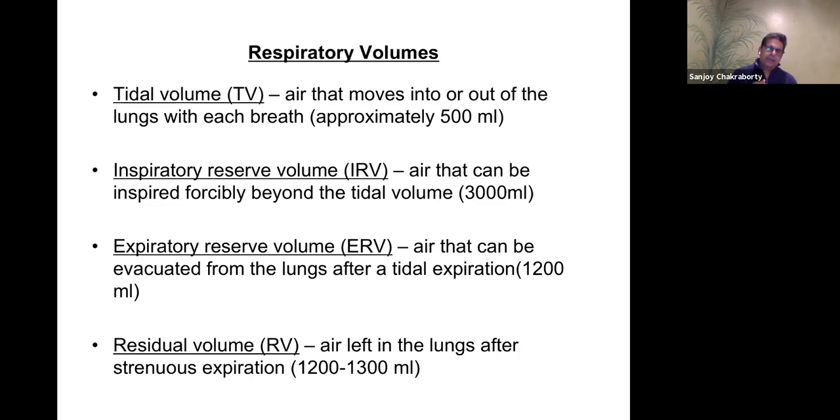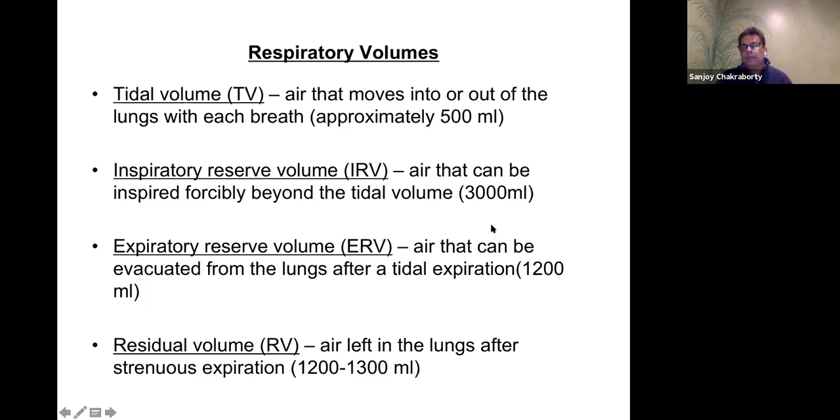That is the additional amount of air you can take in. So what is inspiratory reserve volume? It is the maximum amount of air you can inhale after a normal inhalation. The TV you are doing anyway, this is on top of that.